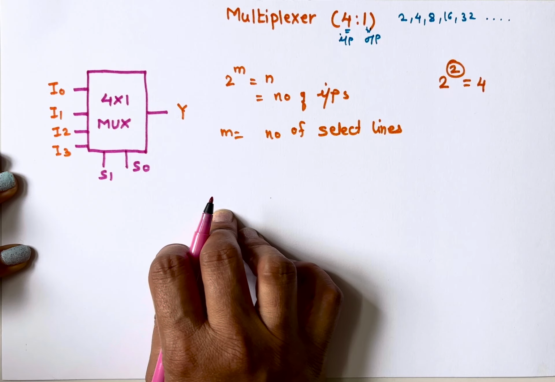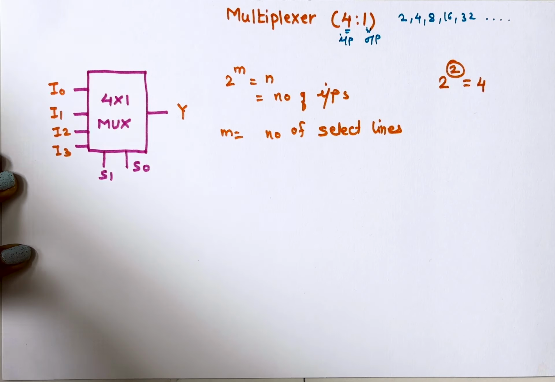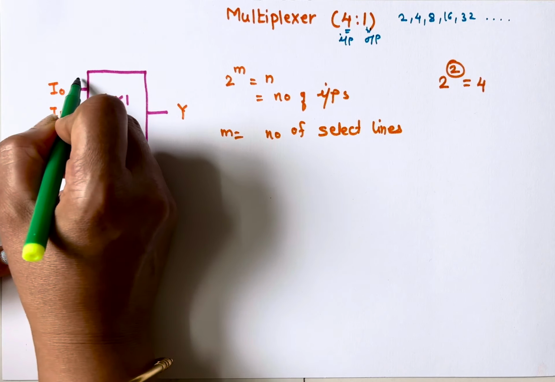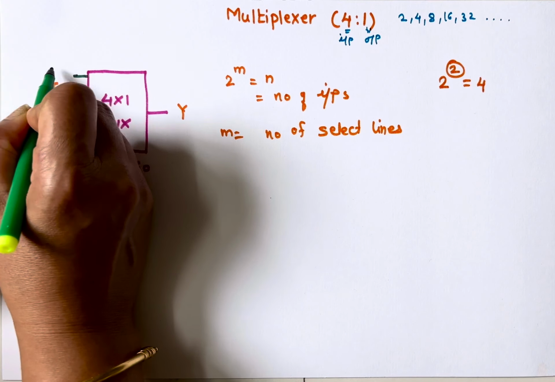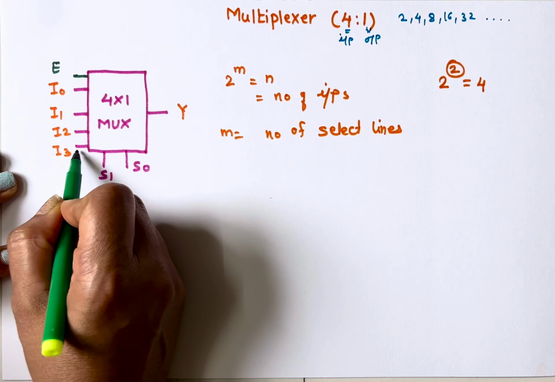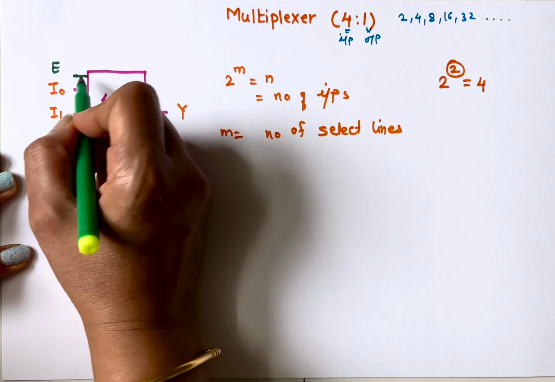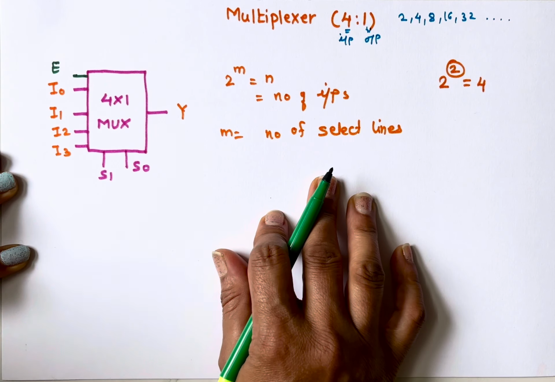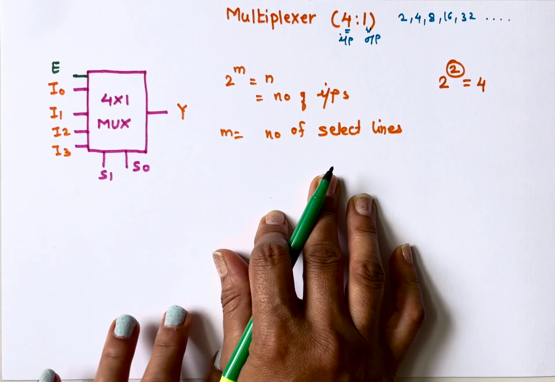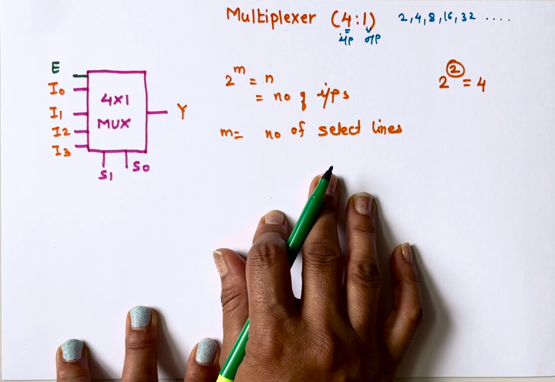Also, one more input is present, which is the enable input. Generally, we write this enable at the lower end, but I don't have space, so I have written it here. You can assume enable as a switch which is used to turn on the multiplexer or keep it off.